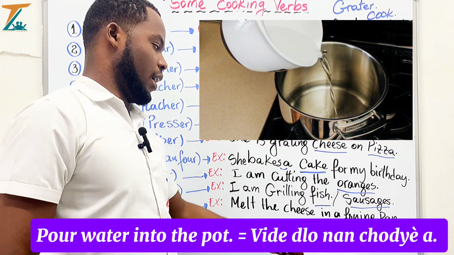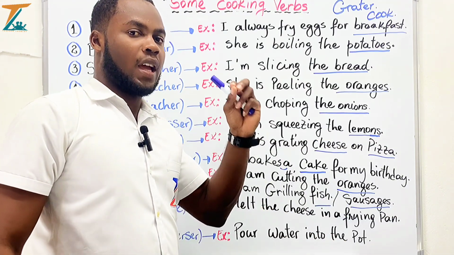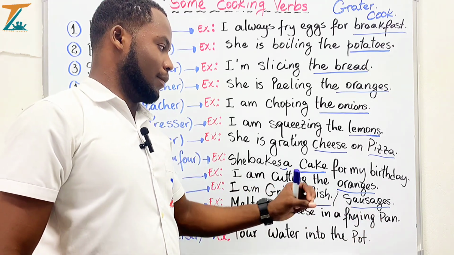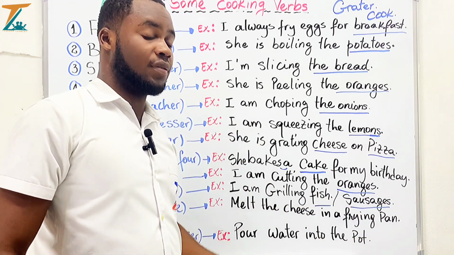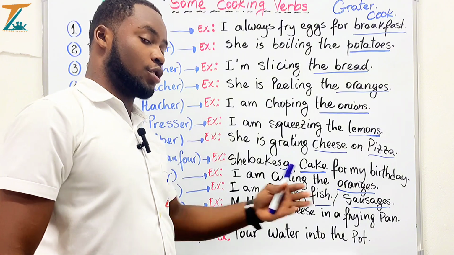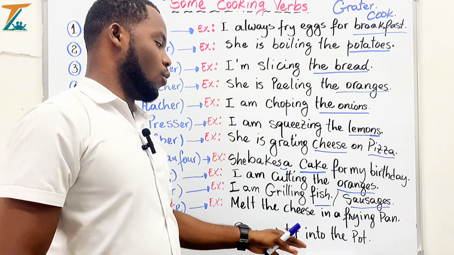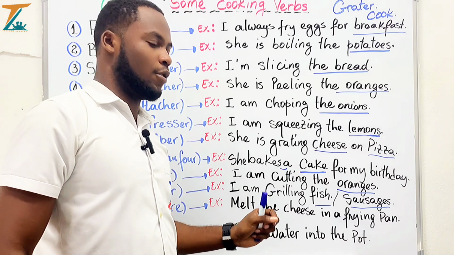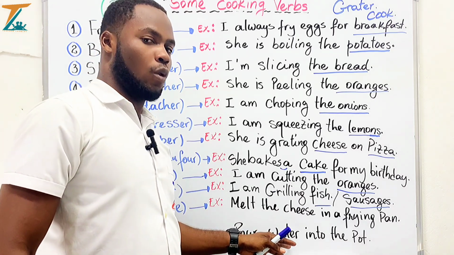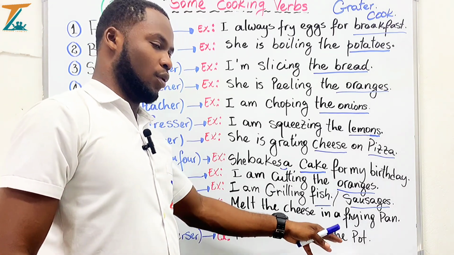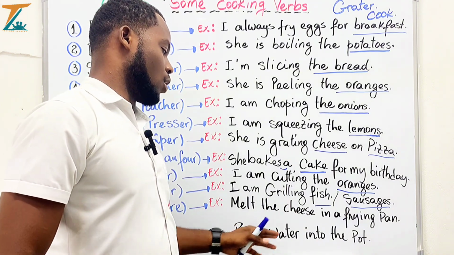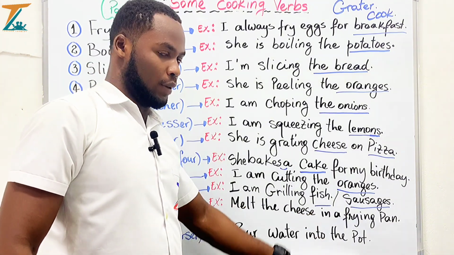If you put a pot, or it might be a pan, on fire, on the stove, and you say pour water, that means vider de l'eau. Pour water into the pot.